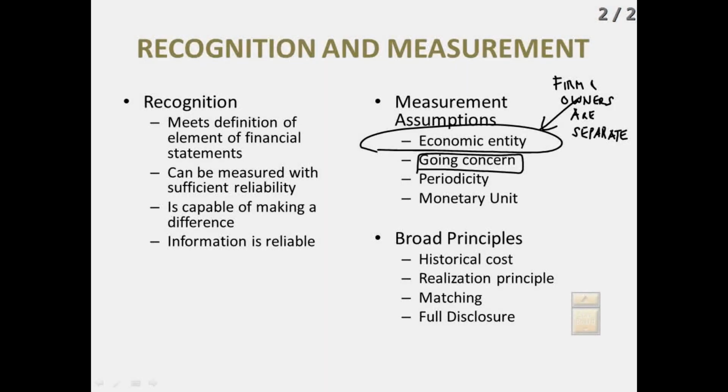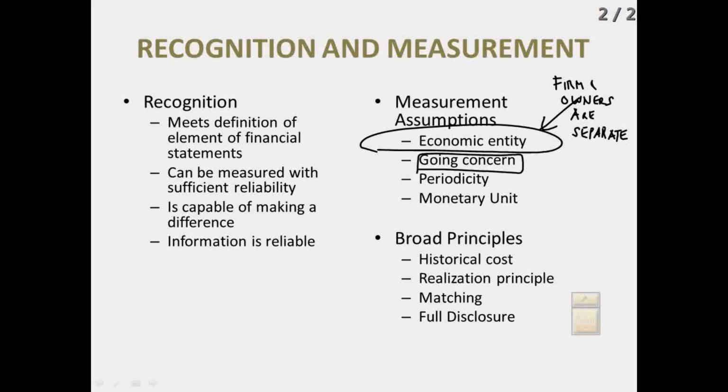So let's talk about our little hamburger shop. If I assume they are going to continue into the foreseeable future, is it relevant to know how much they could sell the grill for? Are they going to be selling the grill, or are they going to be selling hamburgers that come off the grill? Hamburgers, so I don't really care what the value of the grill is.